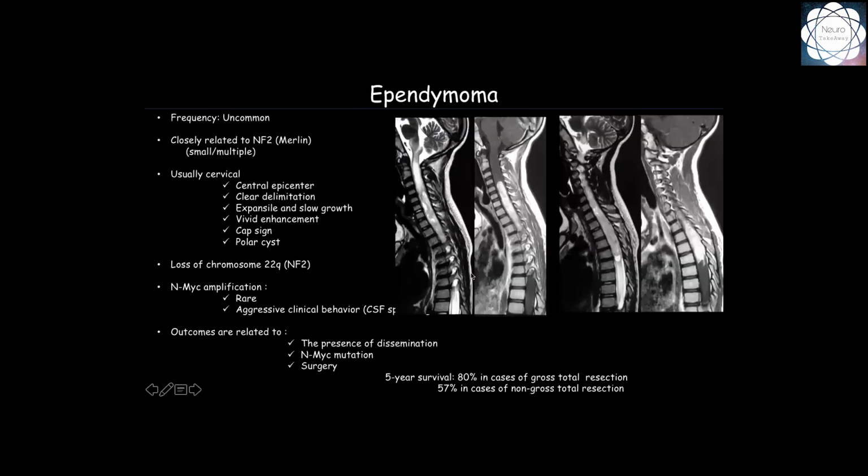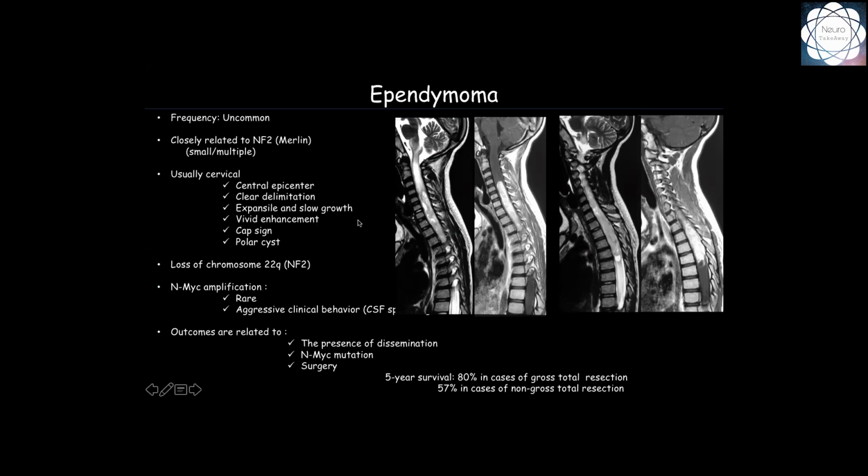You can see here a typical ependymoma. As we said, they are related to NF2. In these cases, they are usually multiple and small, and they are associated with Merlin mutation in the chromosome 22. The localization is usually at the cervical level. They have a central epicenter, clear delimitation, expansile and slow growth, vivid enhancement pattern.